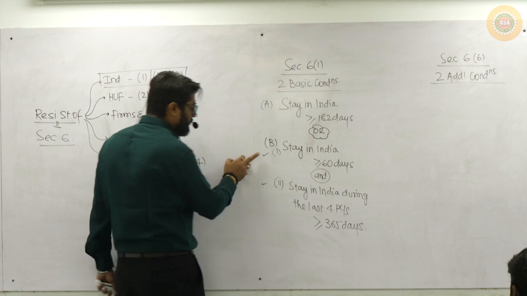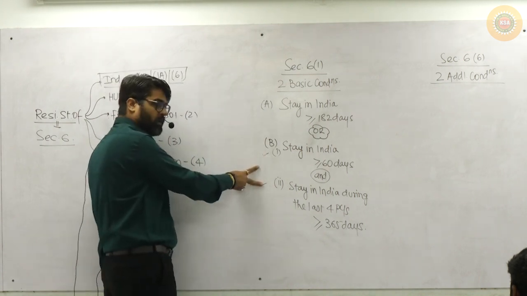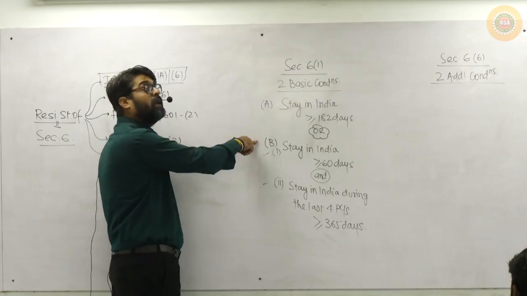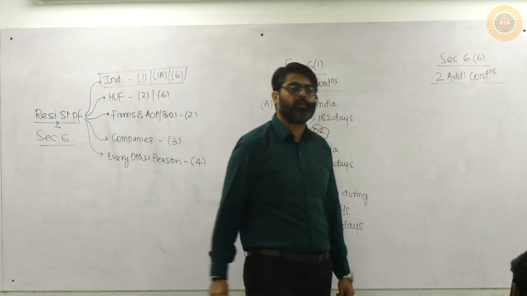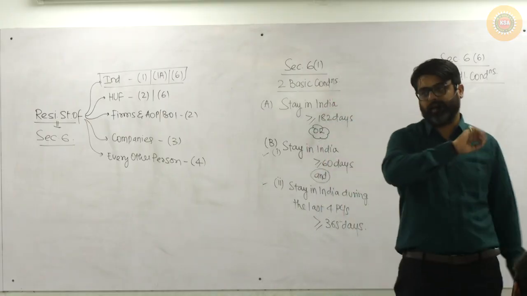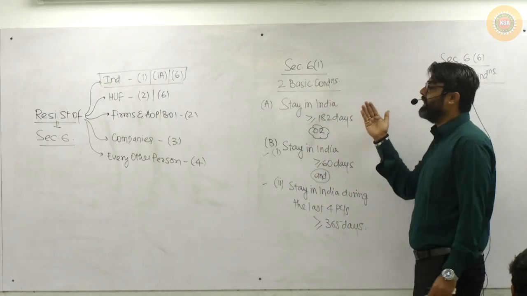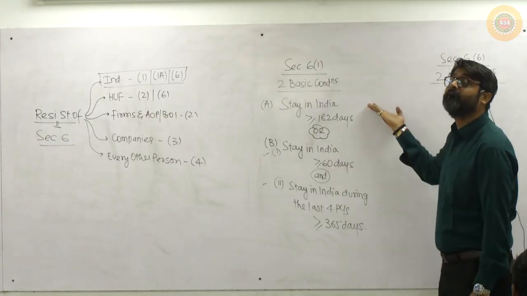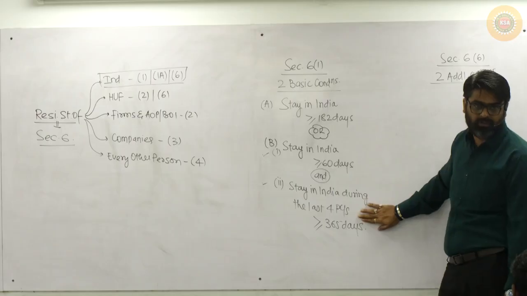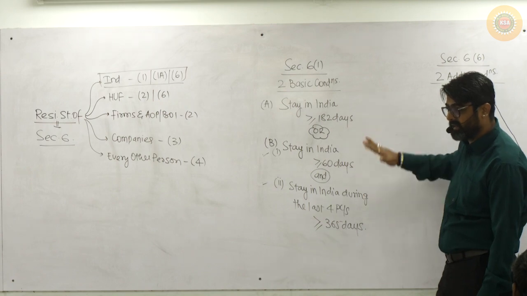So if you fulfill this as well as this, both the conditions, both the parts, that means you have fulfilled basic condition B. And if you have fulfilled basic condition B also, we will treat you as a resident in India. Yes or no? So if you are not becoming a resident like this, we have another way to make you a resident like this also. Yes or no? This is your basic condition. Basic condition A, basic condition B.